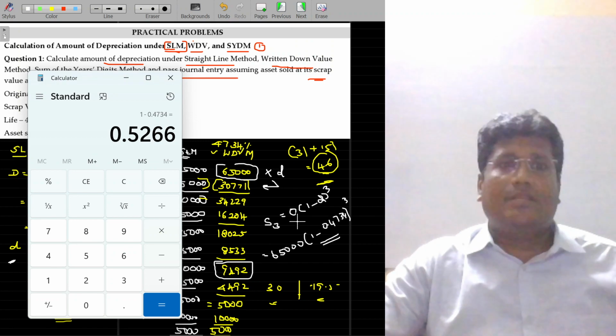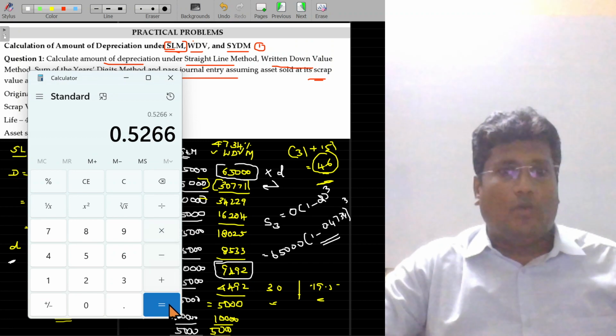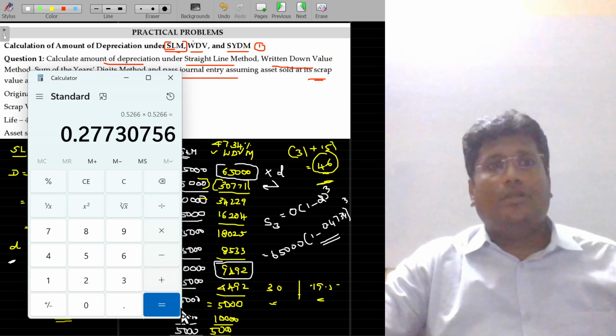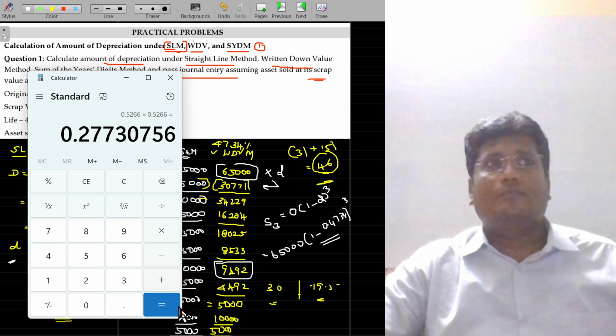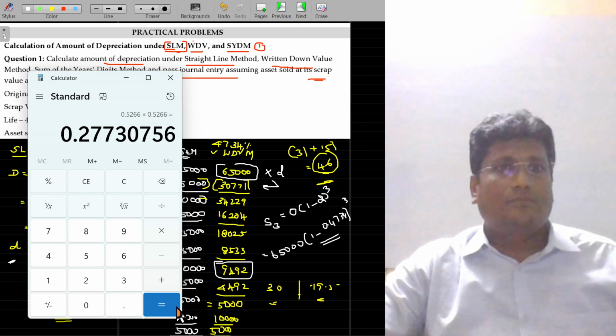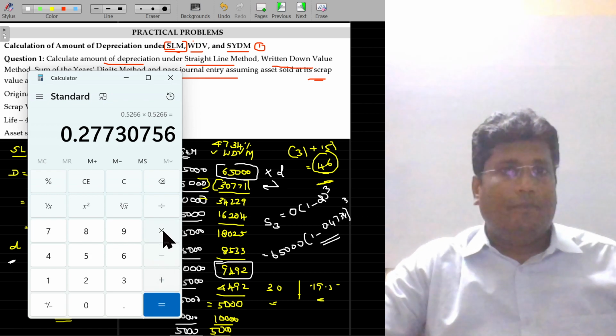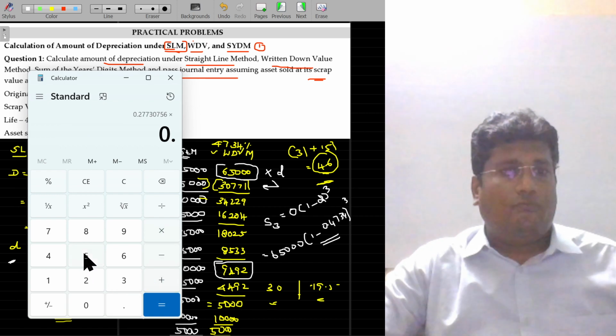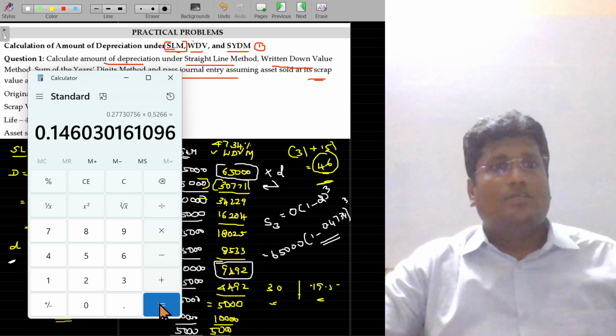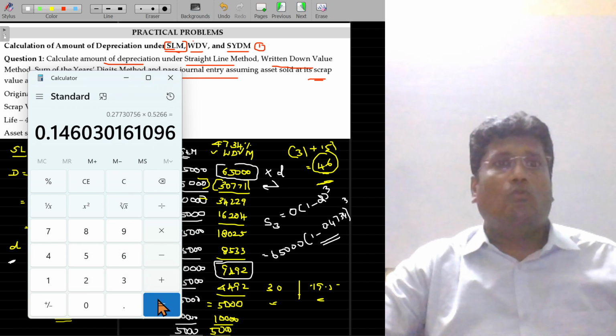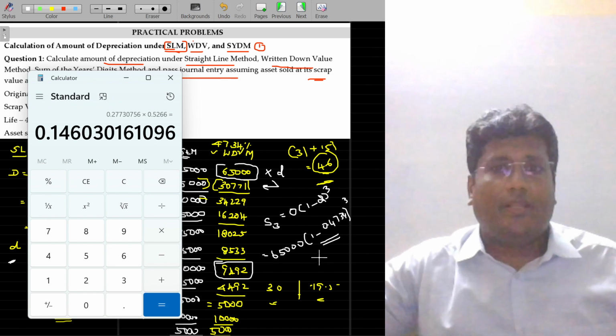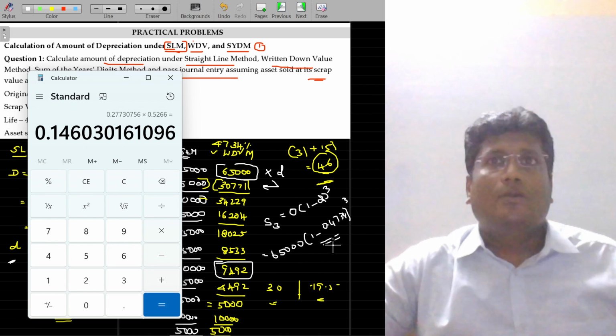To the power 3 means you have to put into equal. If you put into equal, this is power 2. Again, into 0.5266. So this is the ultimate value. 0.1460 will be the value here.